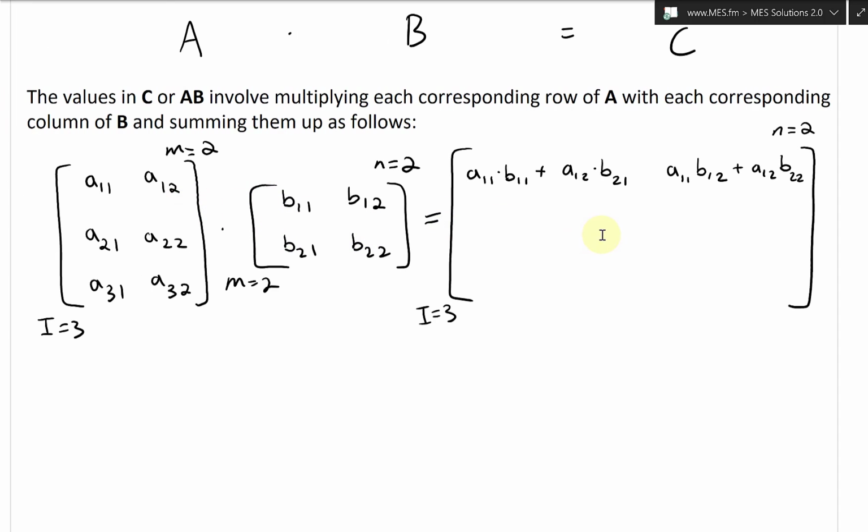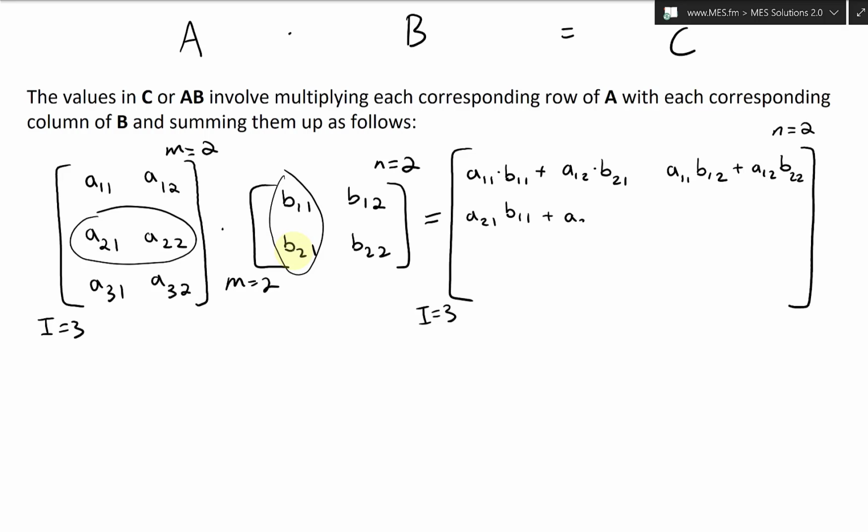So now the second row is basically going to use this row, and again, the columns. That's why the number of rows here match this one, and number of columns match the second matrix. And then we're going to multiply that again. So it's going to be A21 times B11. And notice the pattern here. So this A21 is B11, and then the next one's going to be B21 as well. And this one's going to be A22.